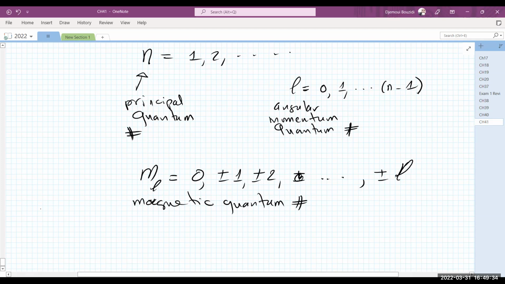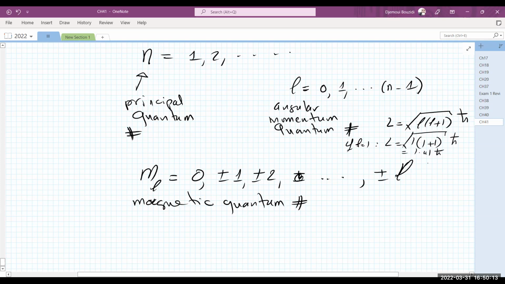This has to do with the projection of the angular momentum. The magnitude of the angular momentum is the square root of L times L plus 1, times h bar. So if L is equal to 1, the angular momentum magnitude as a vector is the square root of 1 times 1 plus 1, times h bar, or square root of 2, about 1.41 h bar.